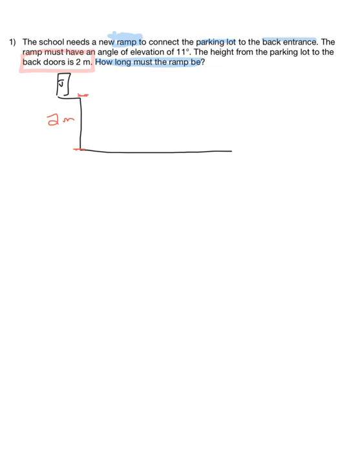Now we're making a ramp, so that would mean that we need a triangle to be created based off of this slant. Now we've created a right triangle that we can solve using trigonometry.